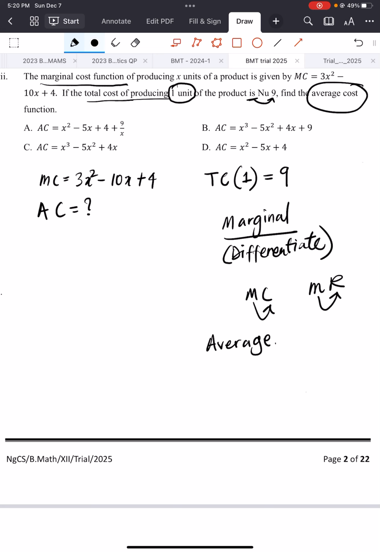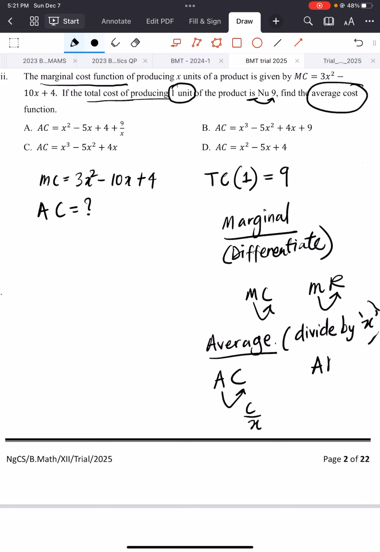Average means you add all the totals and divide by the number of items. So the keyword you can remember is divide by x, where x is quantity. When you have average cost, it means divide the cost function by x.